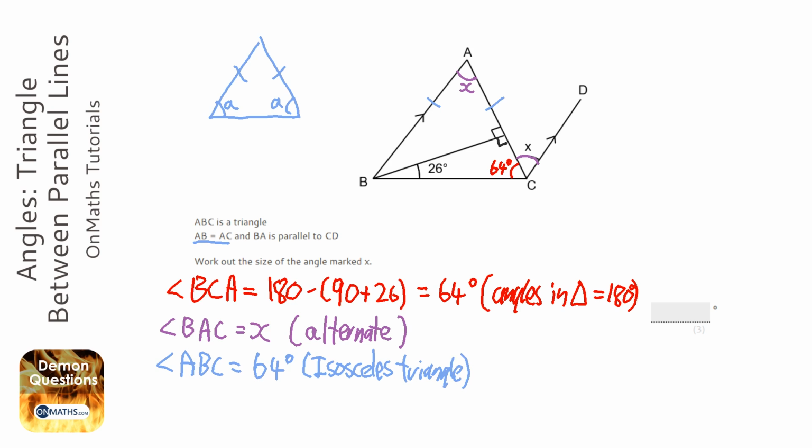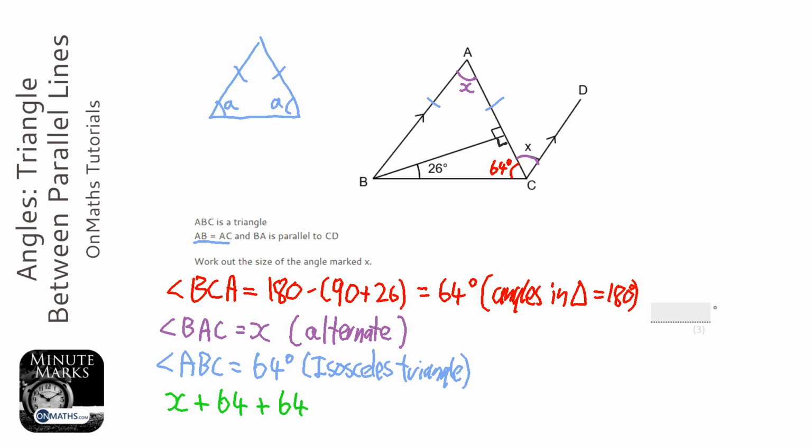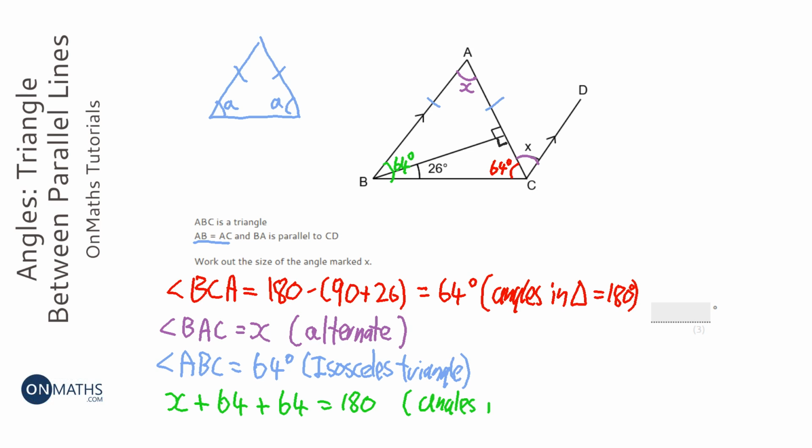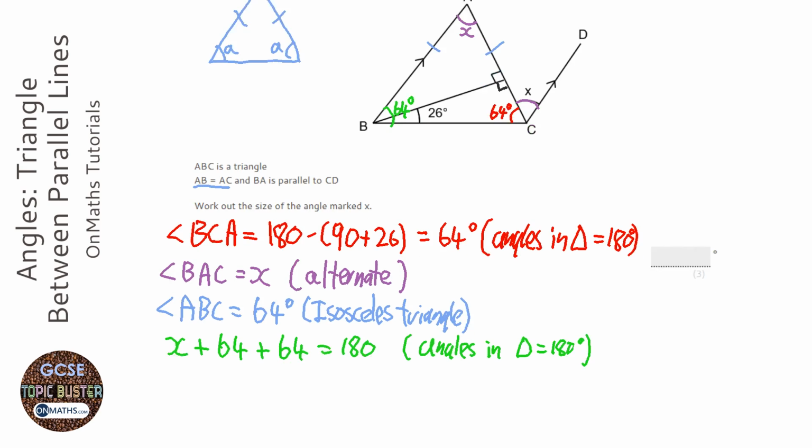Now, we've got all of the angles, so we know that x plus the 64 at the bottom, so 64 on the left hand side plus 64 on the right hand side, we've got the 64 there from the previous question, equal 180 degrees, because again angles in a triangle equal 180 degrees. So we can finish it off by solving it.